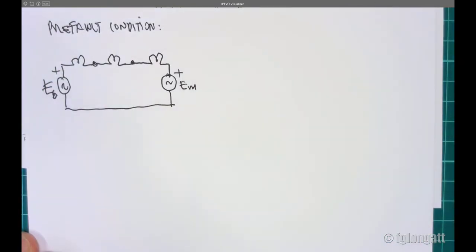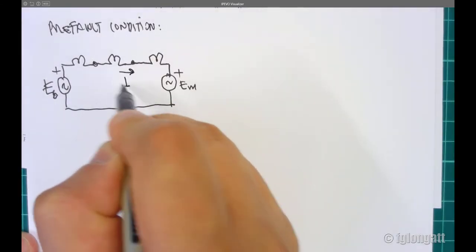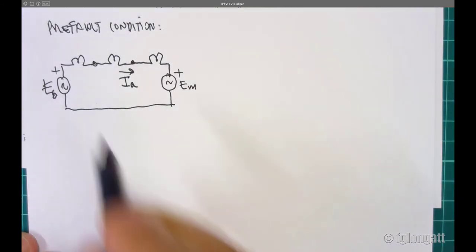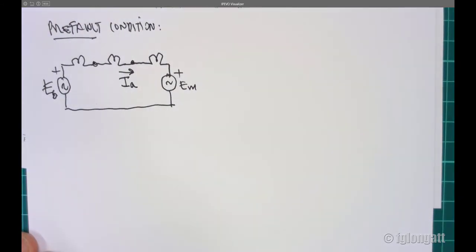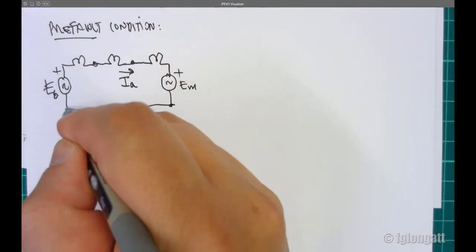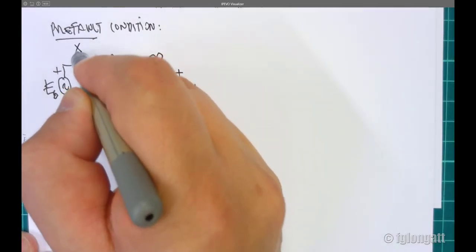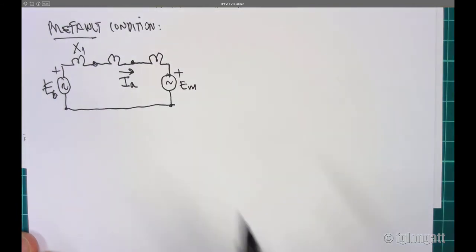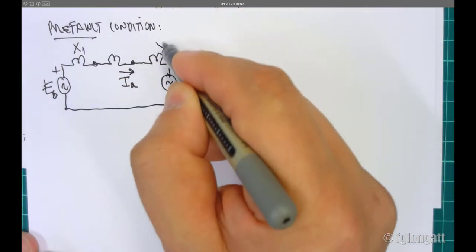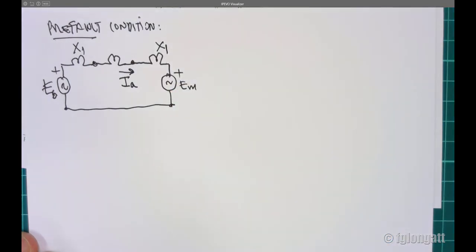Remember, there is a current here, in pre-fault condition. If this system is working properly, this is the positive sequence, this should be the positive sequence of the motor, this should be the generator, and this is the reactance of the transformer.